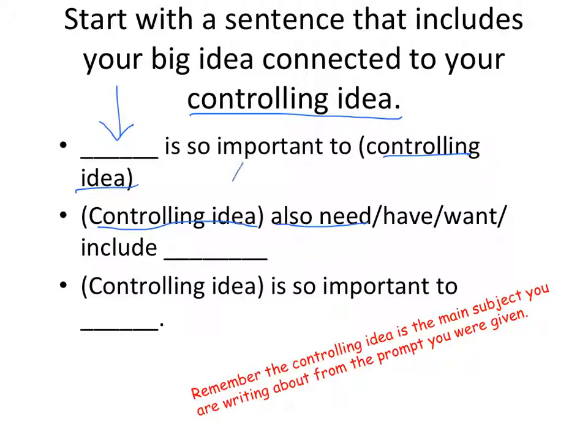So here I'm including my prompt, and here I'm including the main idea for why I believe it's important. The controlling idea, bicycle sharing program, is so important to getting and making new jobs. I'm putting my big idea or my main ideas here.